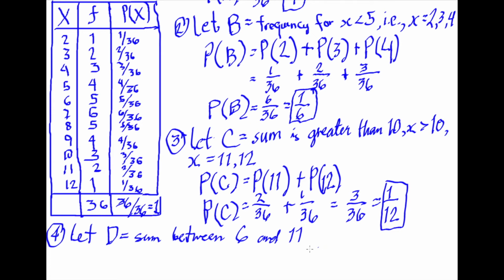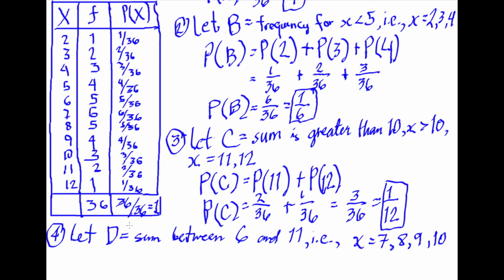So our x values are 7, 8, 9, and 10, since it's strictly between 6 and 11.